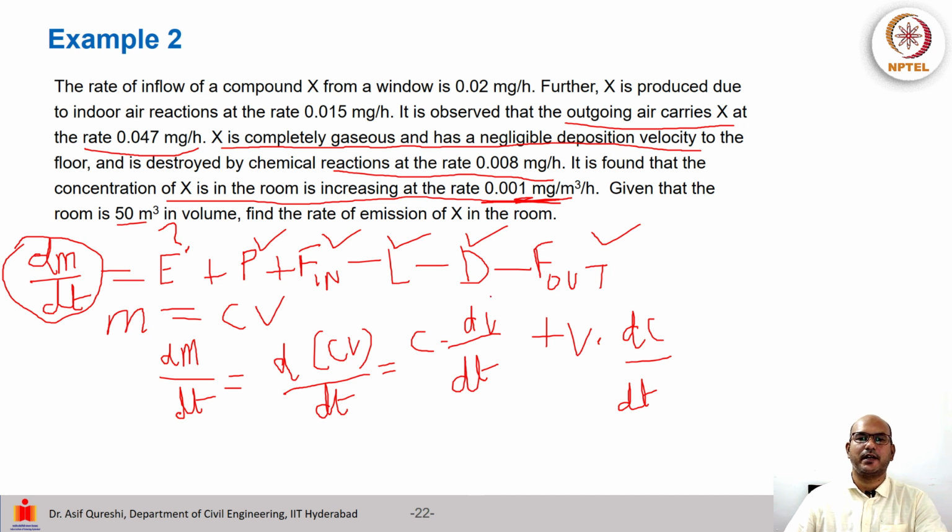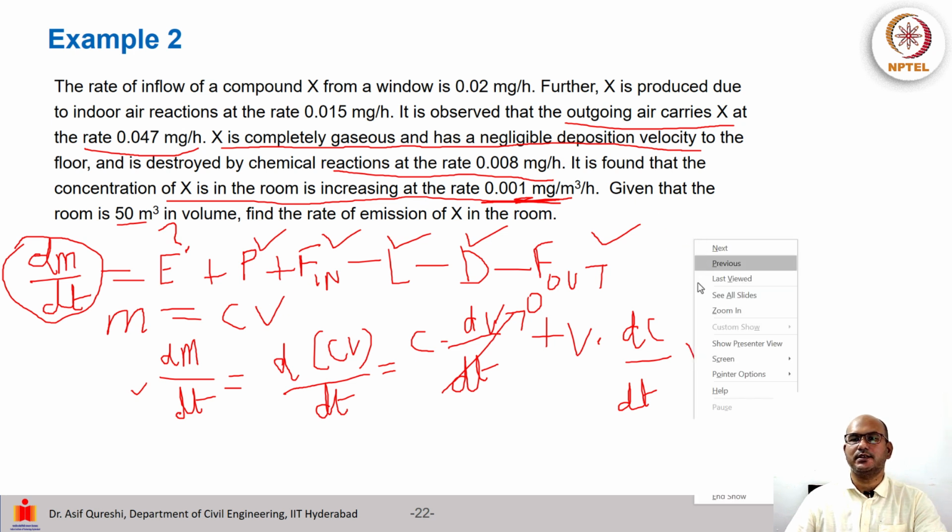Now the volume is not going to change, so dV by dt is basically 0 because the volume of the room is constant. So dm by dt is V dC by dt. So we will rewrite this.